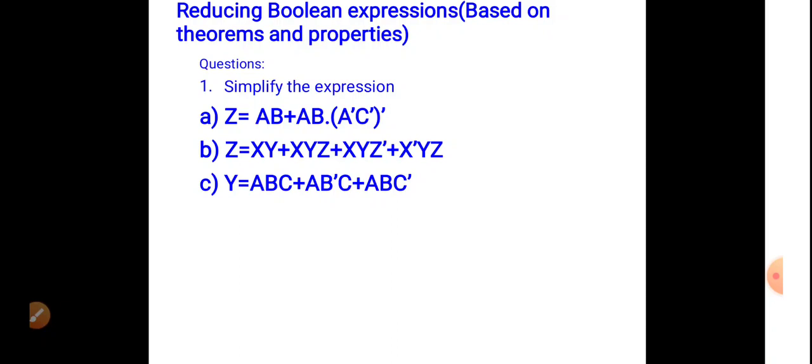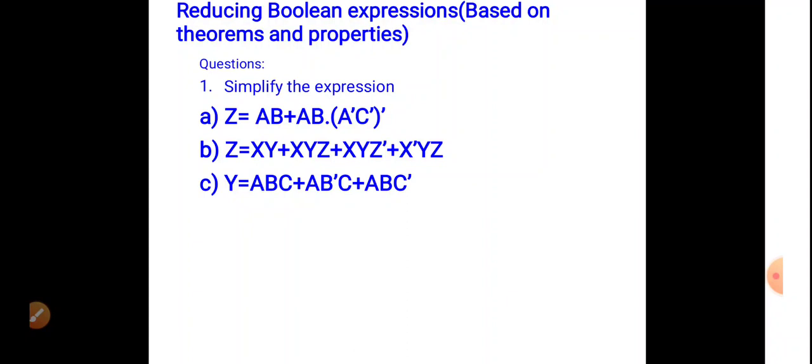Once the number of gates is decreased, we can implement the same function with fewer gates. If the number of gates is reduced, then the space, that is the area required for that expression, is also less. Second, the power consumption of the circuit is less. If the power consumption is less, the cost of the circuit is reduced.